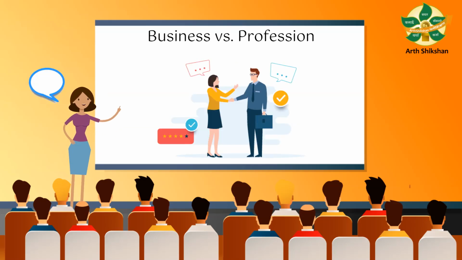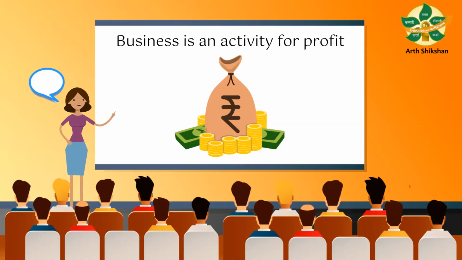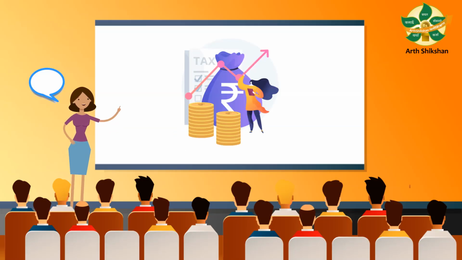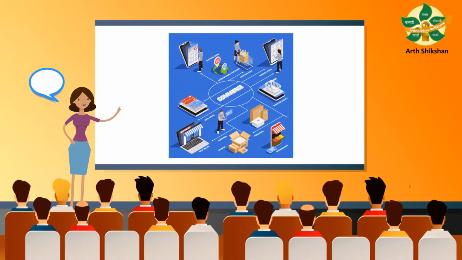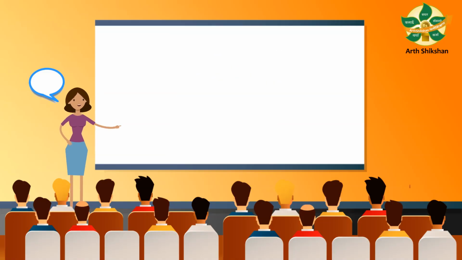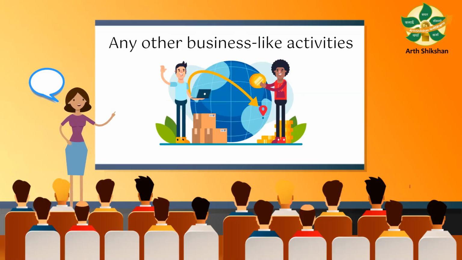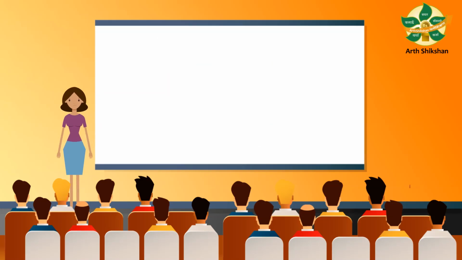The third category income is income from business or profession. To begin with, let's clarify the distinction between business and profession. Business pertains to any economic activity carried out with the intention of making a profit. Economic activities encompass various endeavors such as trade, commerce, manufacturing, or any other business-like activities.